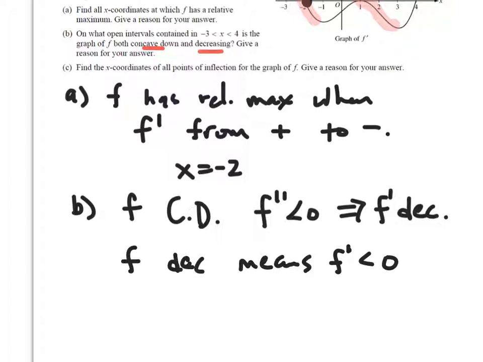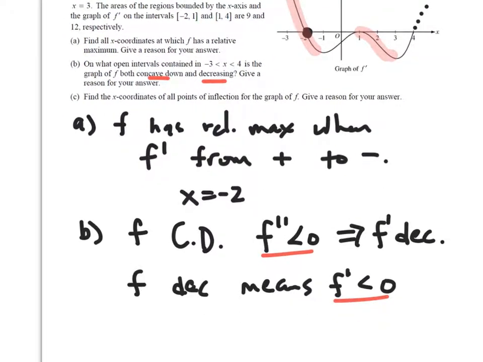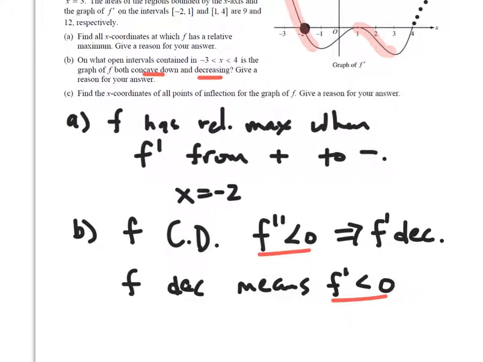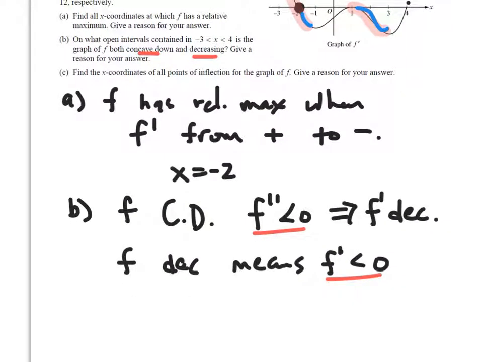So we want to know where the second derivative is less than 0, and we also want to know where the first derivative is less than 0. So the second derivative is less than 0 and the first derivative is less than 0 here, and it's also true there. So the values for which this would be true, where the function f is decreasing and concave down, would be between -2 and -1, as well as between 1 and 3.